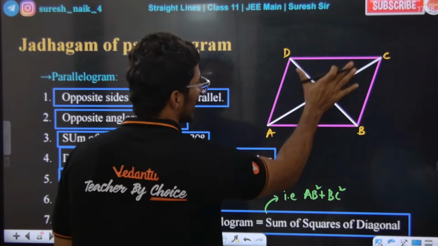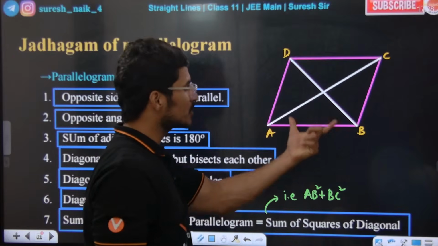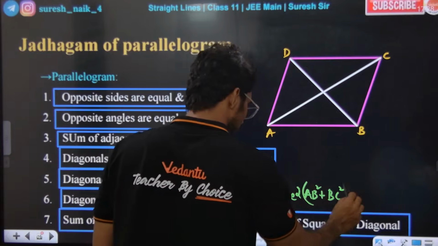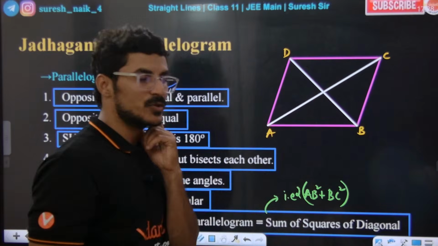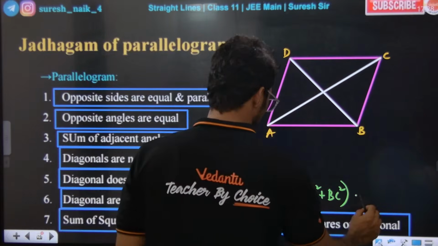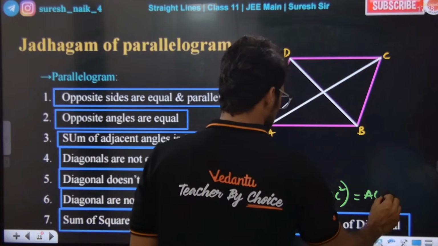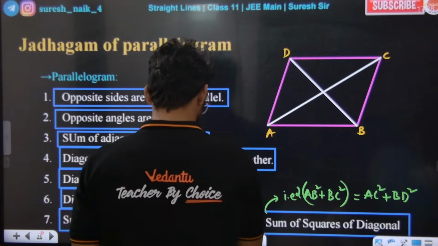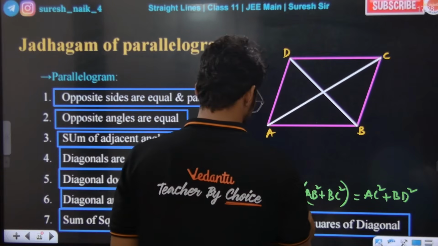AB square and CD square are both the same, so you are adding it 2 times. BC and AD lengths are the same. So 2 times that is equal to AC square plus BD square. Hope everybody is clear on the point.